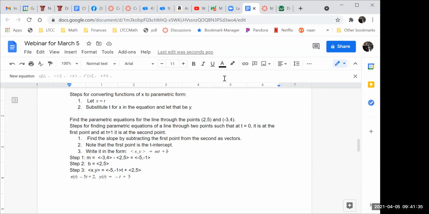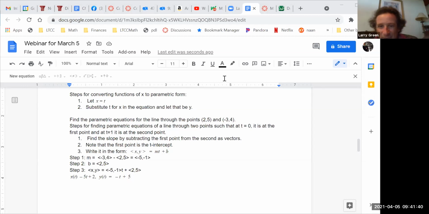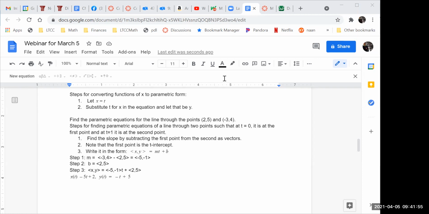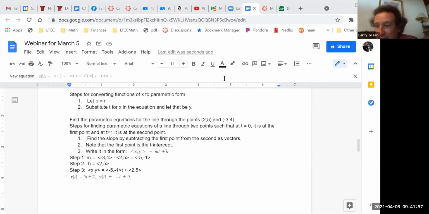First point, 2, 5, and that's what you want, isn't it? Because we're supposed to start when t is 0, you should be at the first point. Then plug in 1, what do you get? -3, 4. Right, and that's good because that's the second point.